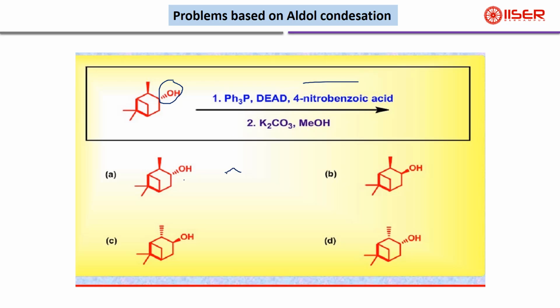So after step 1, the product is like this, with 4-nitrobenzoic acid. I'm just drawing it as a PNB.